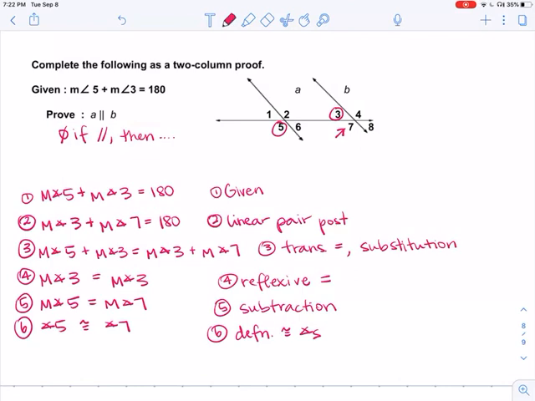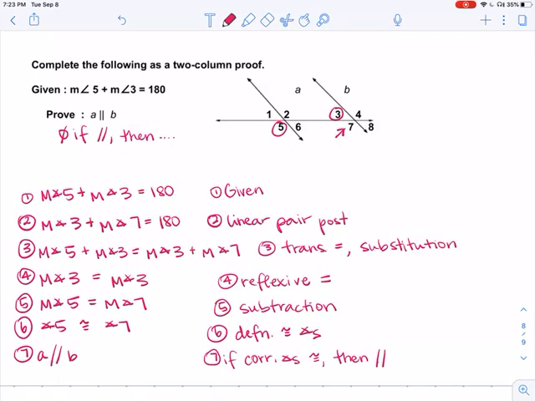And because 5 and 7 are congruent and they are also corresponding angles, then I know that my lines are parallel. So A is parallel to B because if corresponding angles are congruent, then my lines are parallel.